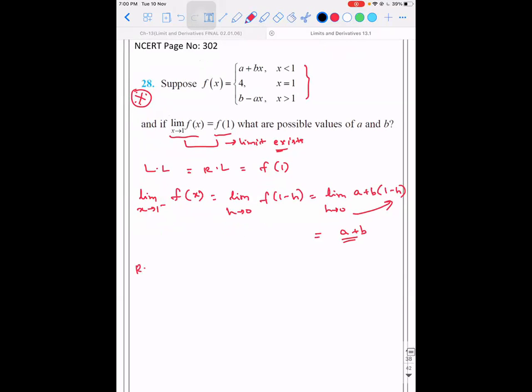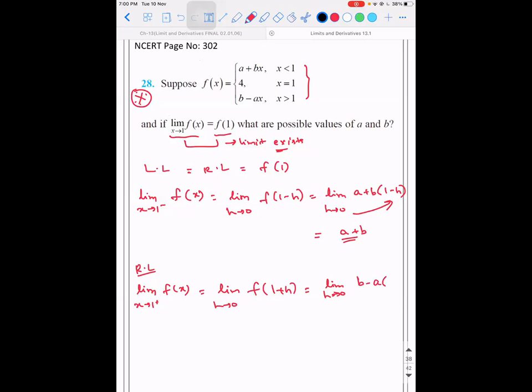Similarly, if I do the right limit, limit x tends to 1 plus of f of x is equal to limit h tends to 0 of f of 1 plus h. Which function should I use? 1 plus means greater than 1. b minus ax, sir.